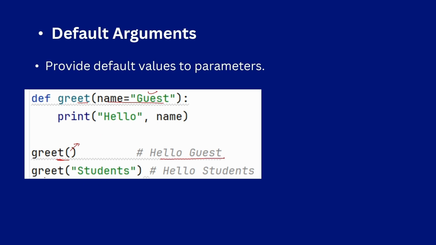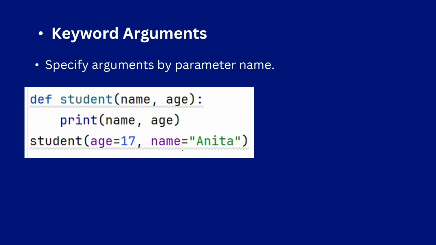But when we call this greet function and pass this argument student, it overrides the default parameter. So here we will not get hello guest, we will get hello student. Okay, I hope this is clear. If we are passing any particular argument, then that argument becomes the main argument. But if we are not passing any value and we have a default value, that default value will become the output.